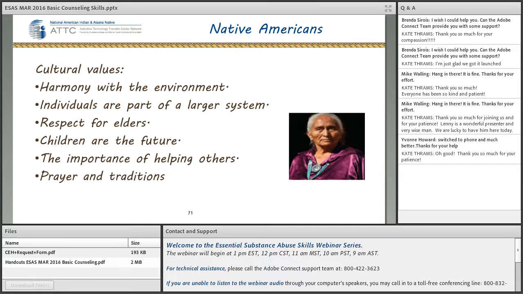Non-Native helpers may misinterpret tribal support, teaching, nurturing, and discipline methods if they differ from their own. As responders, we need to always be aware of our own values, beliefs, and cultural biases. Helping others is more important than helping oneself. A community approach to healing is emphasized in most cases.